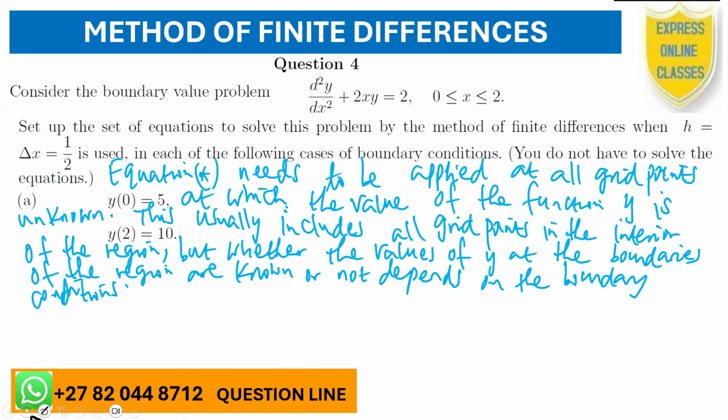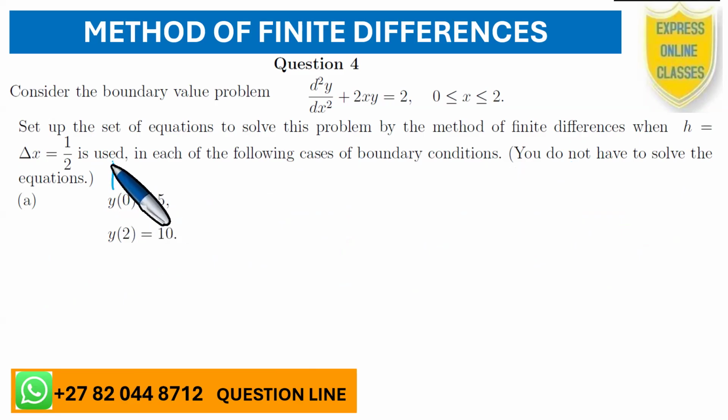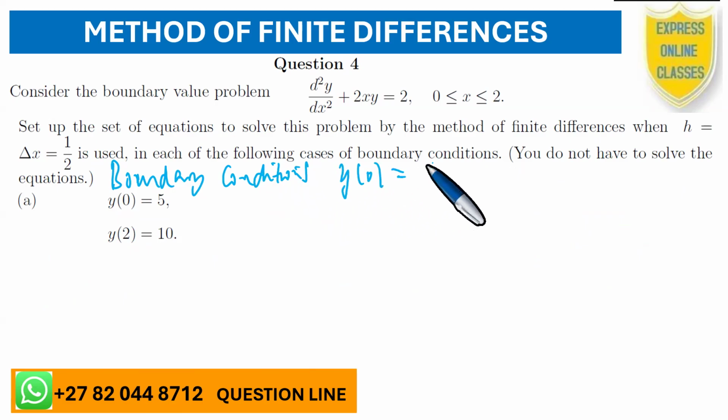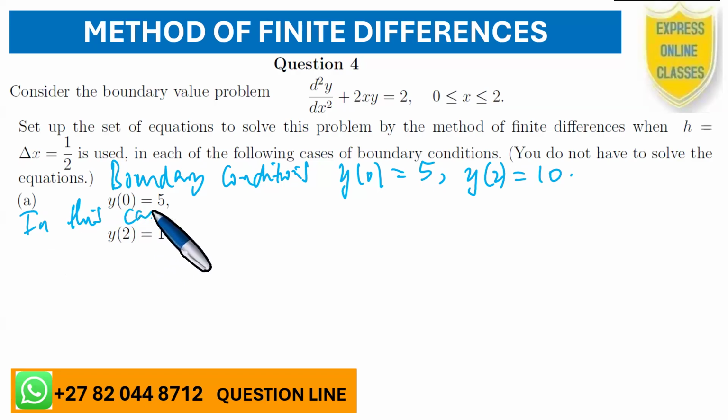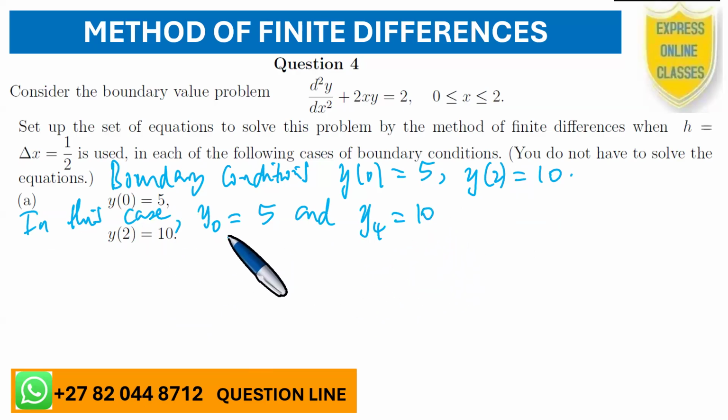Okay, right. So we focus on the two boundary conditions in part A, because we shall look at part B very soon. Boundary conditions: y at 0 is 5, y at 2 is 10. In this case, it means y at 0 becomes 5 and y at 4 becomes 10. Y0 corresponds to x0.